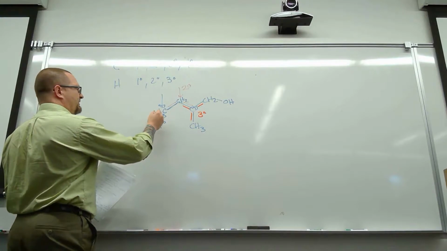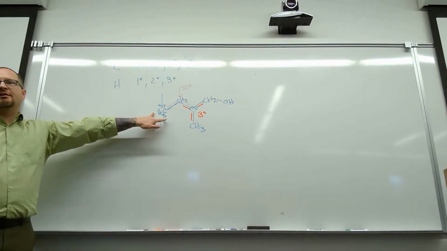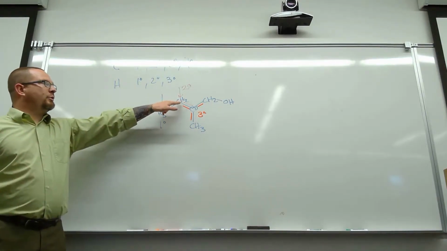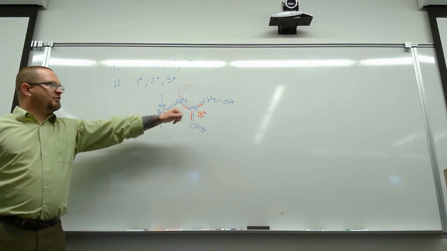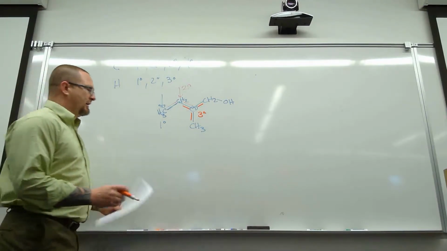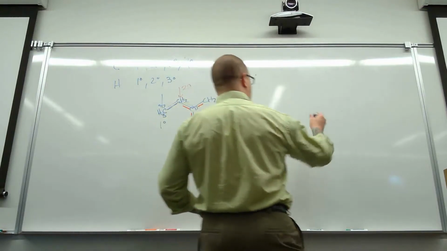So these 3 hydrogens, because they're attached to a primary carbon, are primary. These 2 hydrogens attached to this secondary carbon are secondary. That hydrogen attached to the tertiary carbon is tertiary. In terms of quaternary carbon, what does that look like?